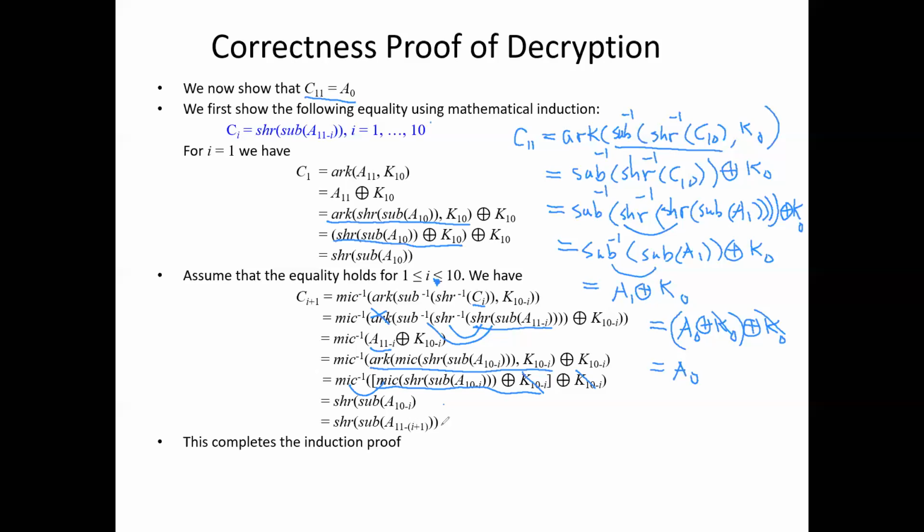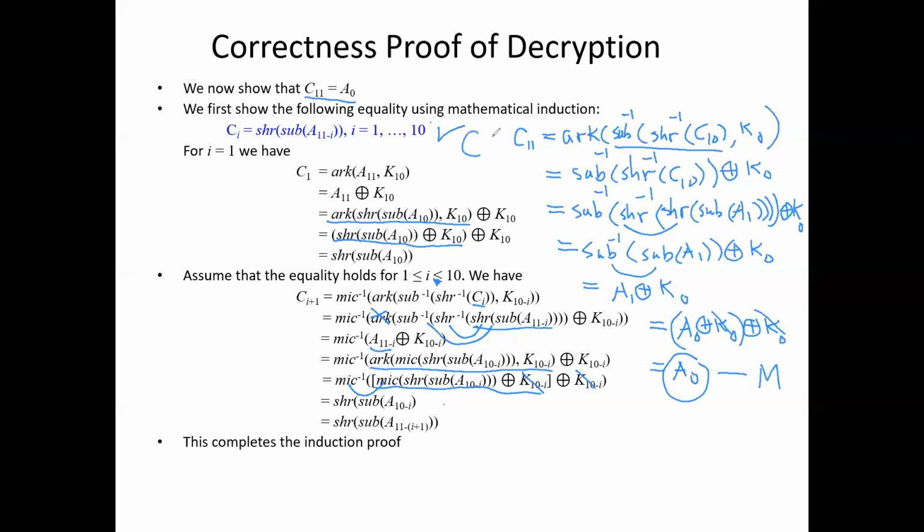So hence, this induction step holds. Hence, this is true. Because if this is true, then we know that C11 is A0. So this is the original plain text.